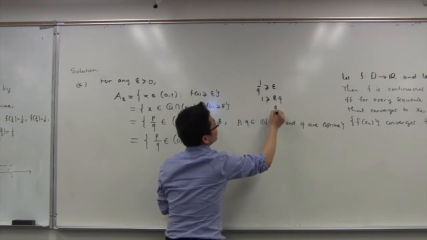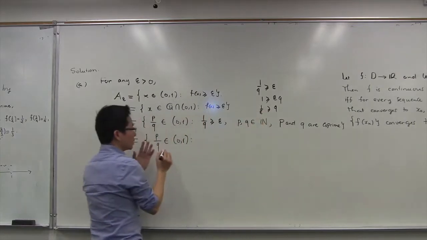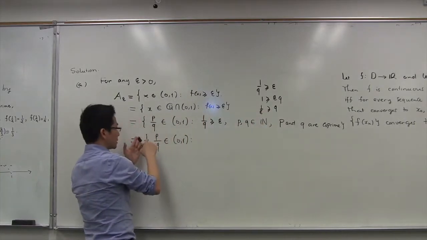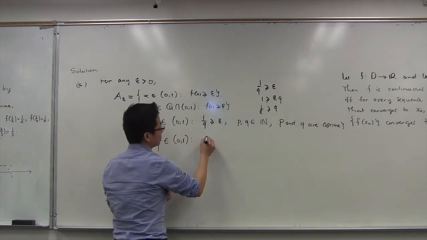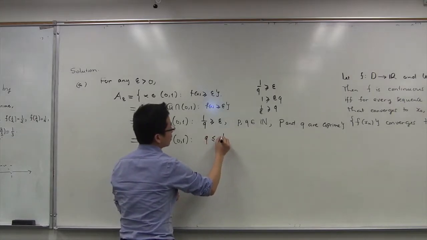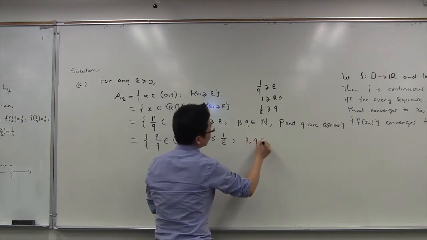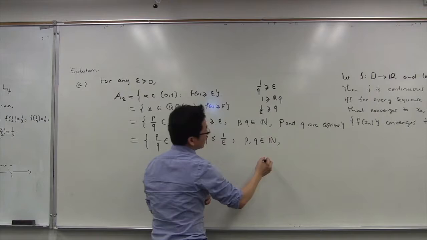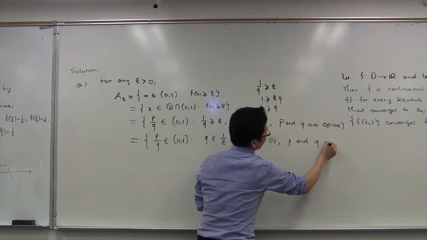That means q is less than or equal to 1 over epsilon. So the set can be written like this. This is the set of all p over q in the interval [0, 1], such that q is less than or equal to 1 over epsilon, and here p and q are in N, and p and q are co-prime.